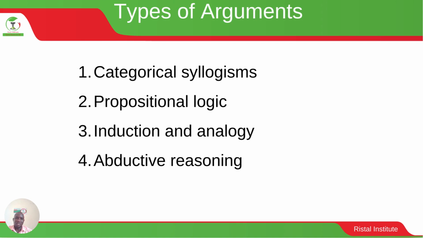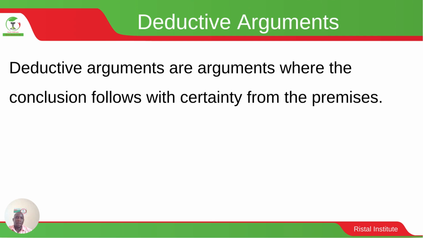We'll look at each of these. Often, in the resources that you read, you have mainly two types of arguments, deductive and inductive arguments. But of course, we have seen in our previous slide that there may be different categorizations, such as abductive arguments.